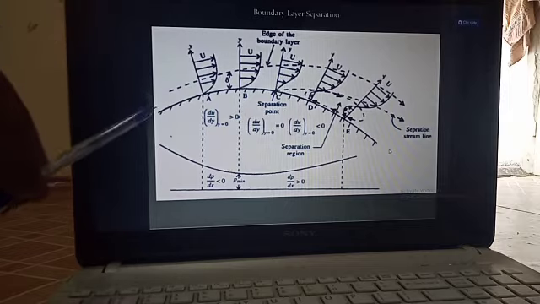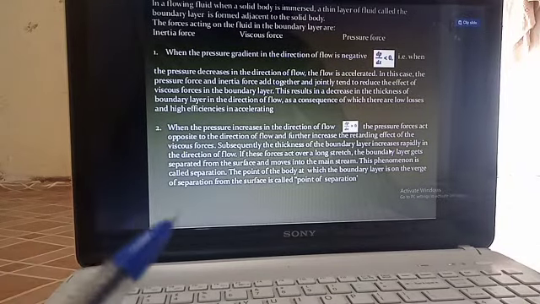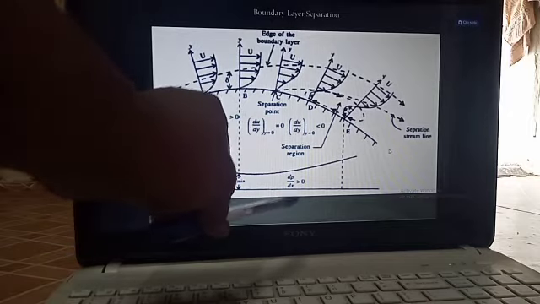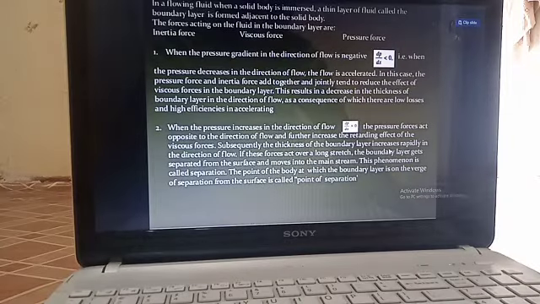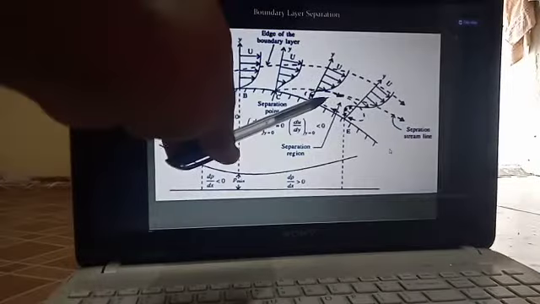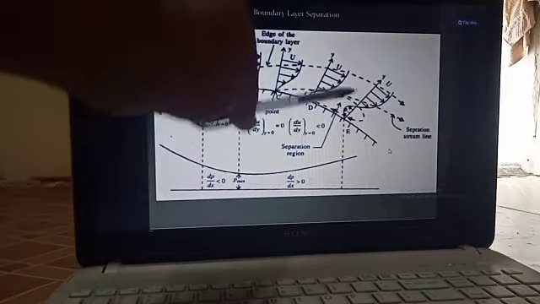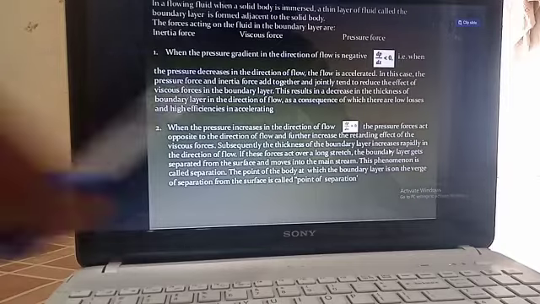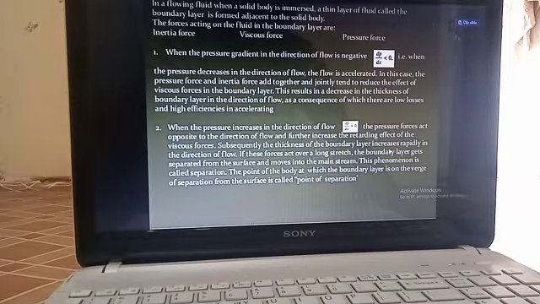Now we will see the region B to E. When the pressure increases in the direction of the flow, that is, when delta P by delta X is greater than 0, the pressure force acts opposite to the direction of the flow, further increasing the retarding effect of the viscous forces.